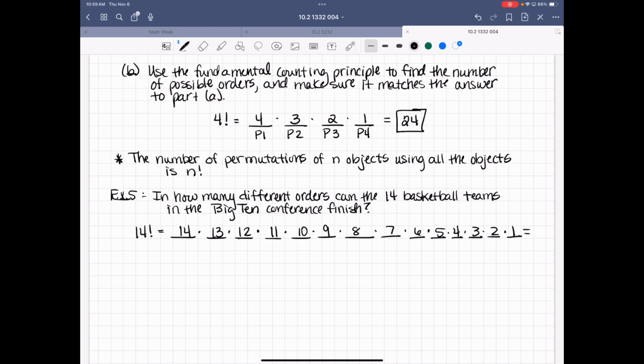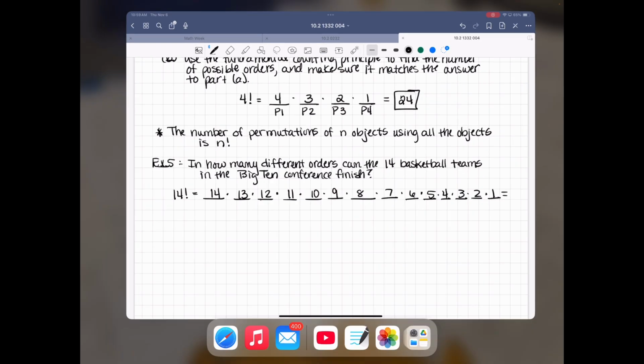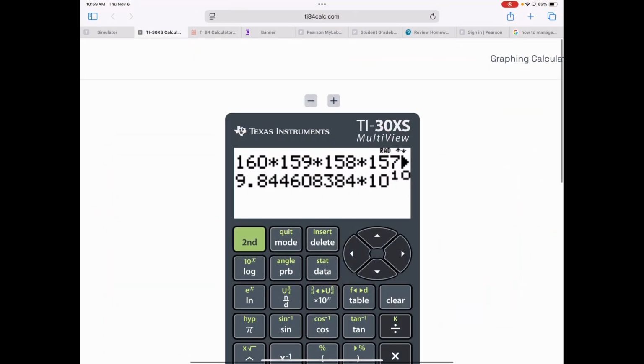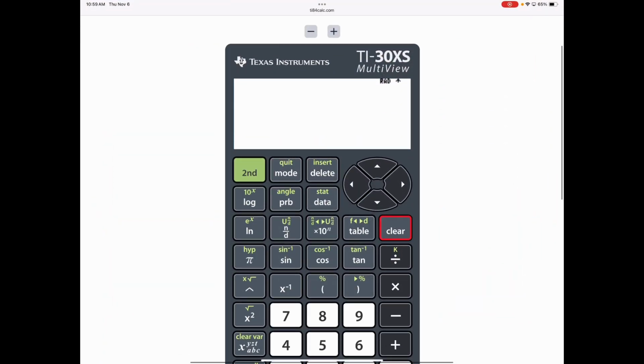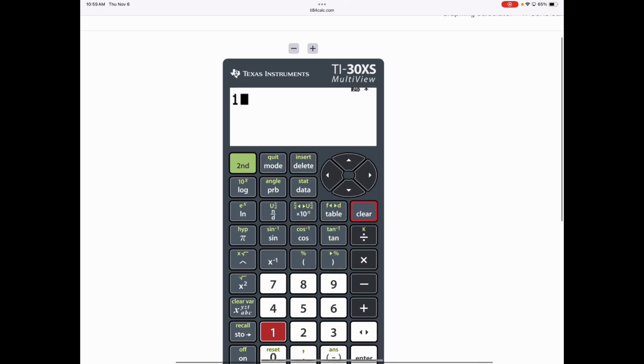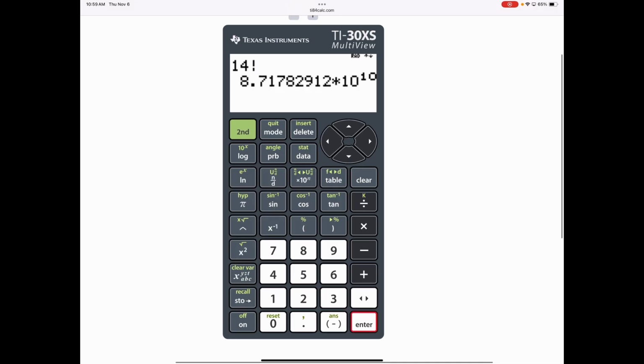What we wanted you to see here is that we have 14 objects. We're choosing all 14. So you're going to use 14 factorial. If I go over here to my calculator and I type in 14, use the PRB button, 3, factorial, you find, it's showing you in scientific notation.